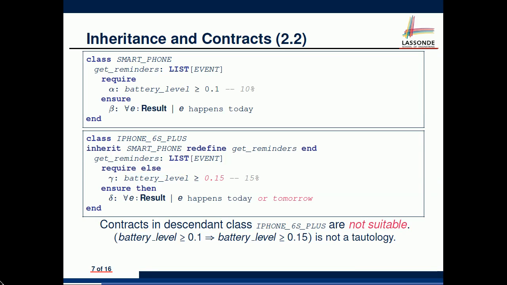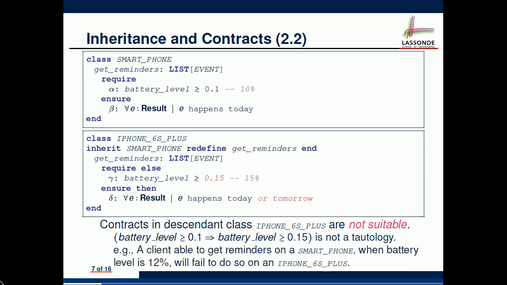You can give 12% as an example as opposed to 13, right? And then explain that for this particular number, either 11, 12, 13, or 14, those numbers are going to make the precondition of the parent class true, but make the precondition in the subclass false. That's kind of the surprise you will get.